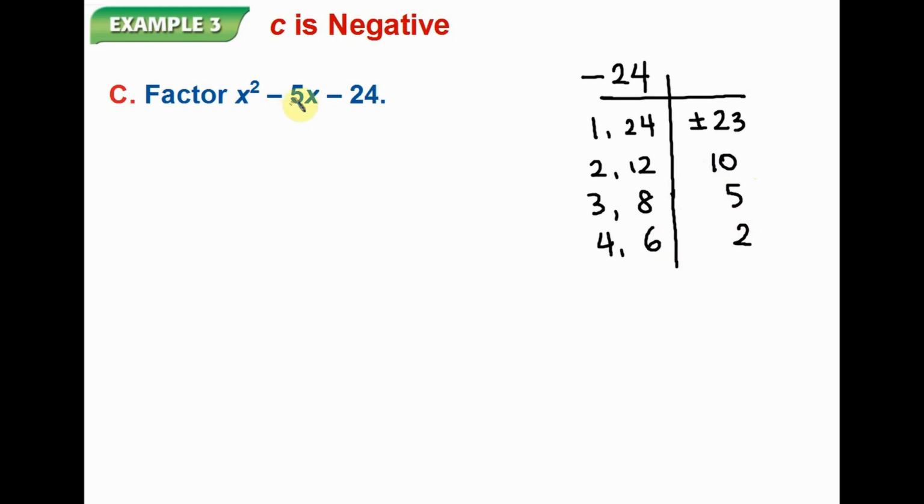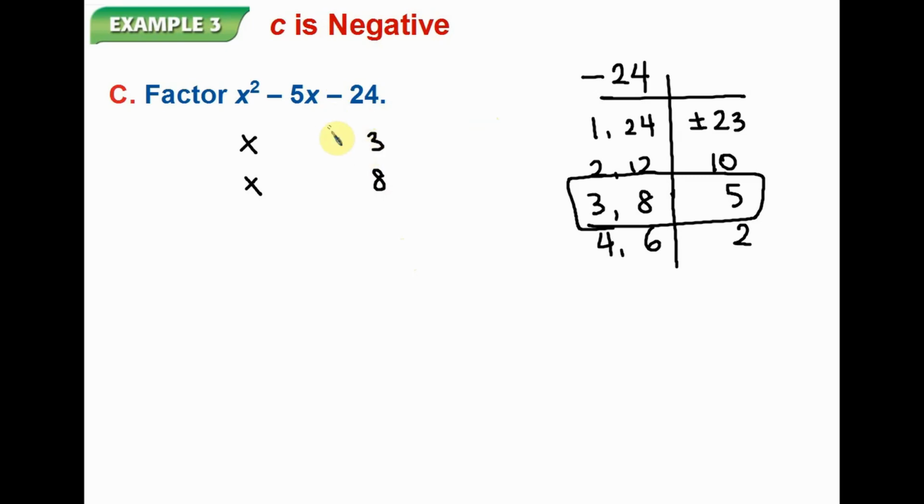Now in here, since you're looking for negative 5, I notice if I had a combination with 3 and 8, it will make 5. So in here, x times x, and I'm going to write 3 and 8. I just need to figure out which number has to be negative. If you put negative on 3, when you add them, you will get positive 5, where I'm looking for negative.